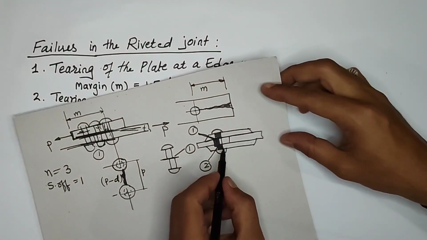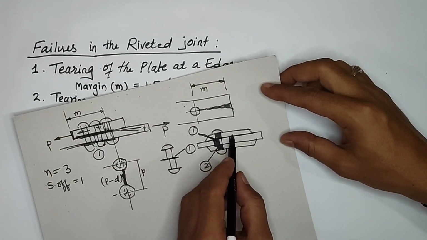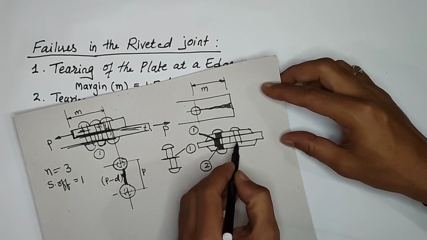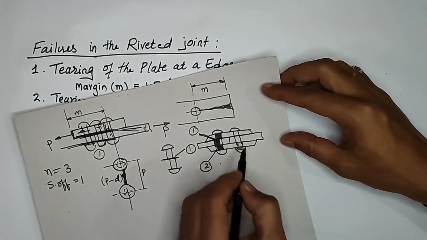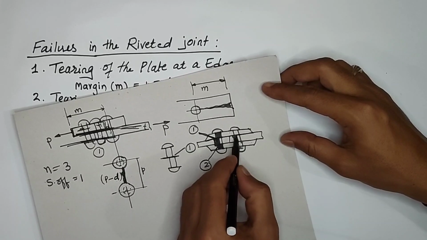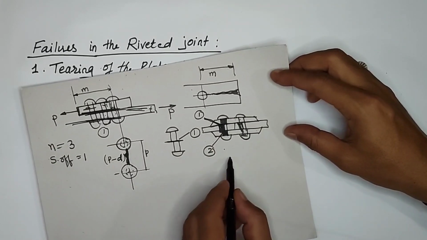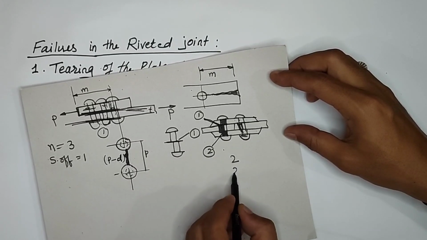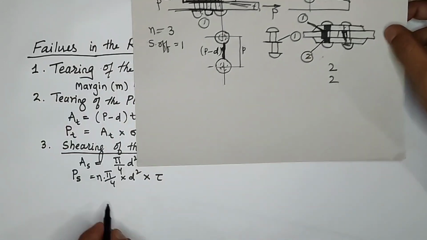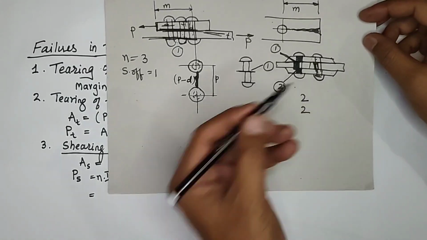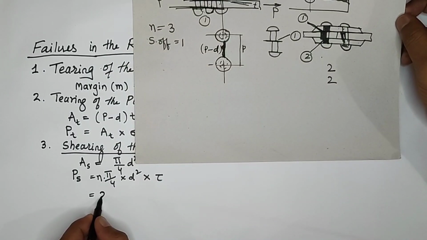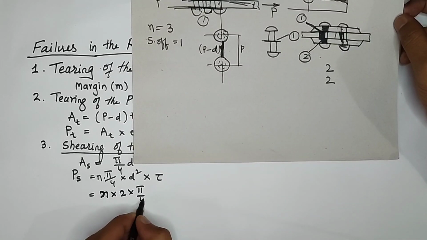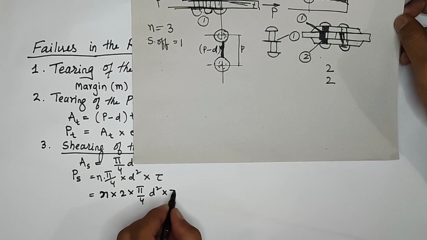But in case of a double riveted joint, for example, if I use another rivet here for the butt joint, in this case there are 2 rivets. Number of rivets is 2, and number of shear-offs is also 2. It means in case of double shear, it should be n into 2 into pi by 4 into d square into tau.